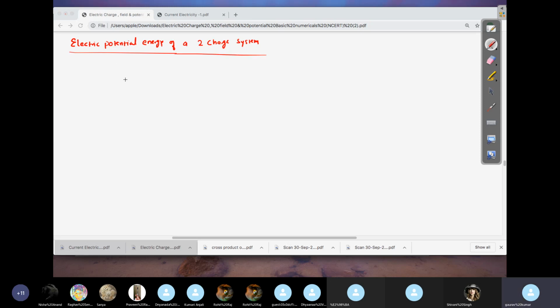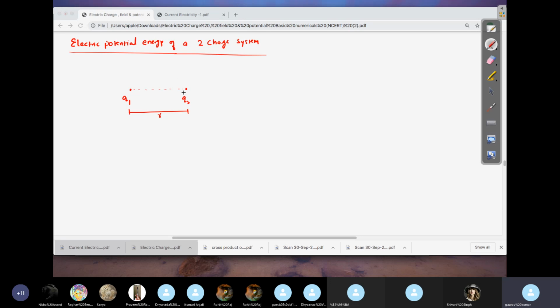Okay, so how have we discussed this concept? See here. Let's say you have a charge here, Q1, and then you have another charge here, Q2. So obviously, if they both have the same sign, meaning both are positive or both are negative, then if you place them at a separation of R, you have to hold these charges. Why? Because they'll be repelling each other, right? The moment you leave, they will fly apart.